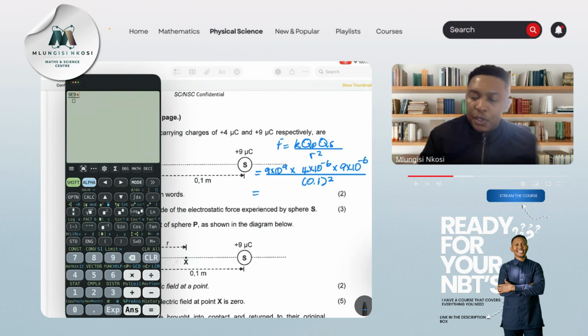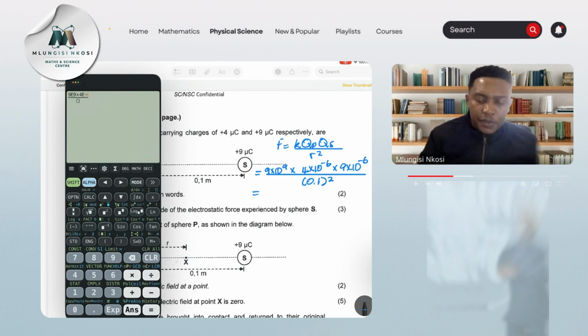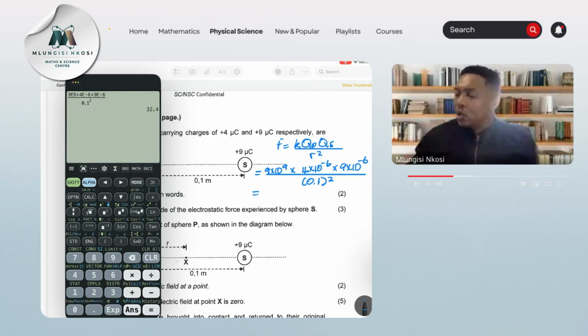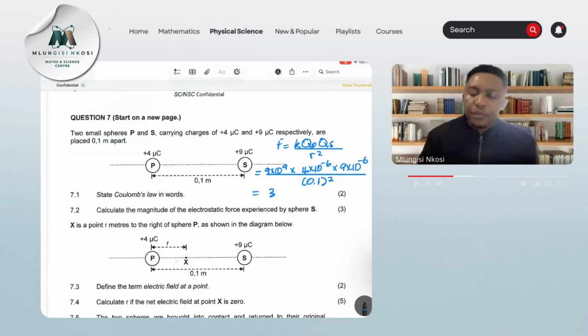So 9 exponent 9 multiplied by 4 exponent negative 6 times 9 exponent negative 6, divided by 0.1 squared.